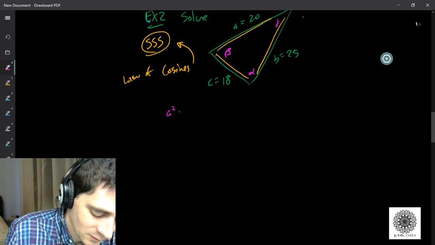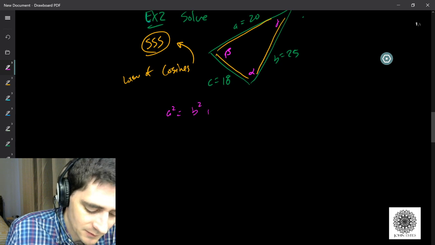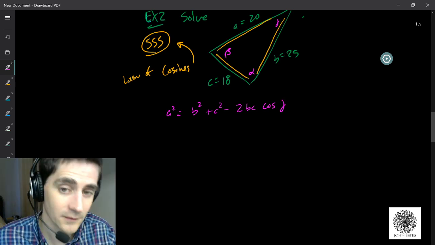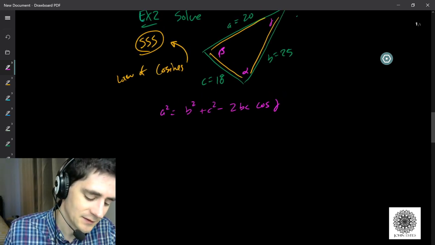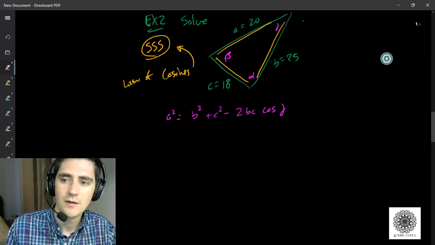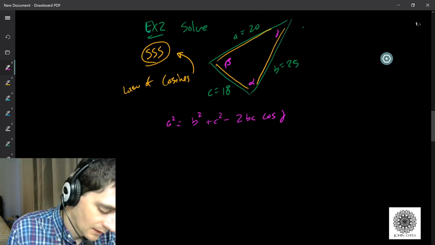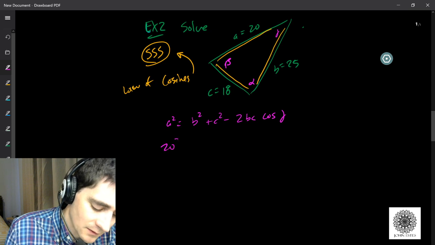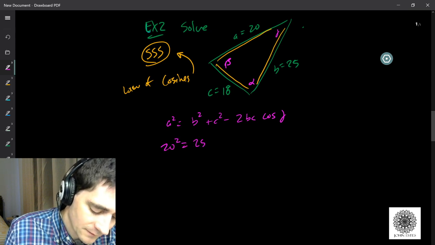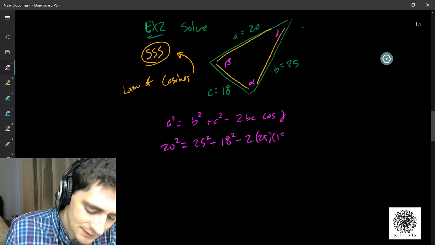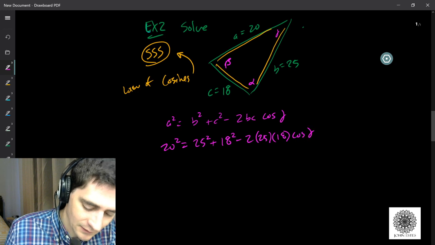So we're going to use a squared equals b squared plus c squared minus 2bc cosine alpha. That's the law of cosines, and I know all my sides, so maybe we can just plug them in. We get 20 squared equals 25 squared plus 18 squared minus 2 times 25 times 18 cosine alpha.